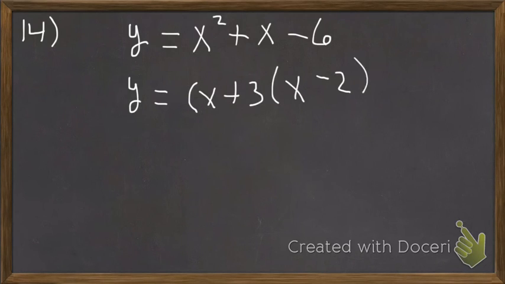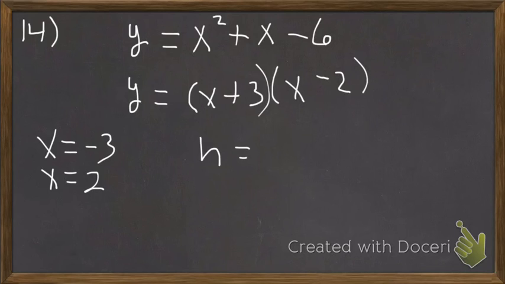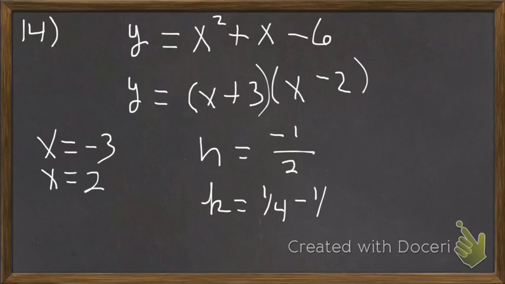So it has x-intercepts at negative 3 and at 2. Well, let's see if we could find the vertex. H is negative 1/2, so the x-coordinate's negative 1/2. K equals 1/4 minus 1/2 minus 6. So that's negative 6 1/4.